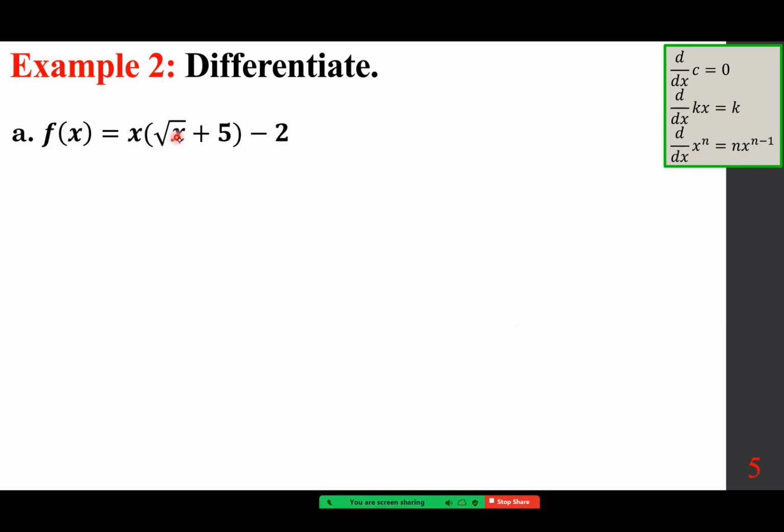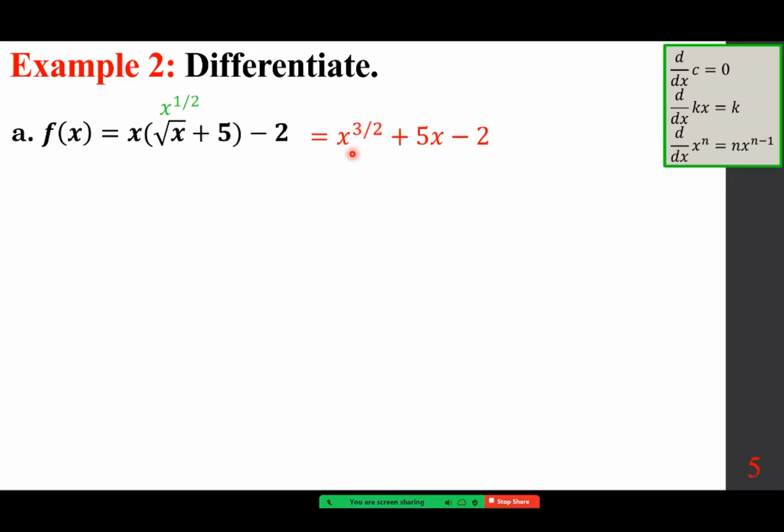So in order to do this, first and foremost, square root of x must be changed to x to the power of 1/2. We are going to distribute the x, and remember the exponent for x is 1. 1 and 1/2 add up to 3/2. So it becomes x to the power of 3/2 plus 5x minus 2. To differentiate this, 3/2 becomes the coefficient, and the exponent goes down by 1.